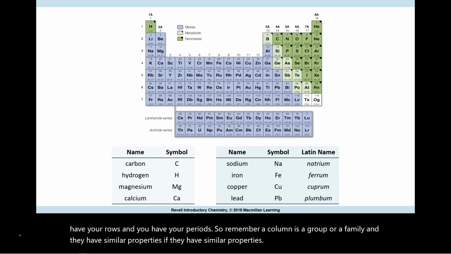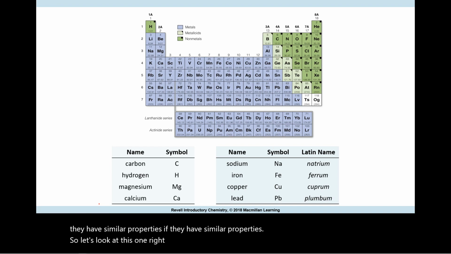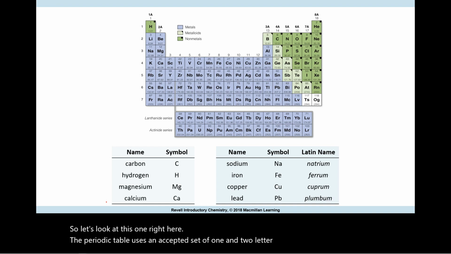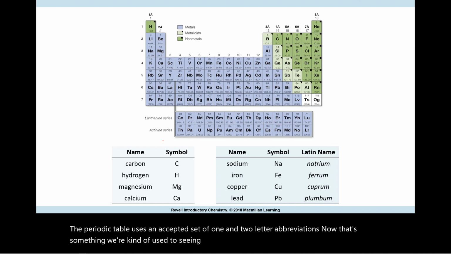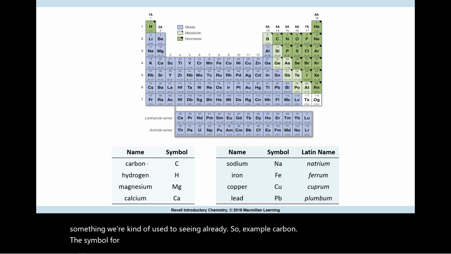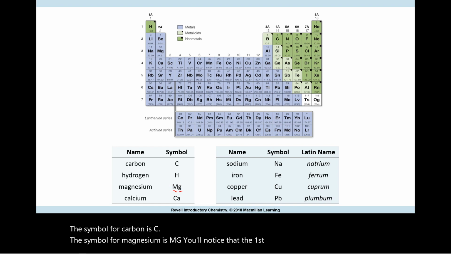All right, so let's look at this one right here. The periodic table uses an accepted set of 1- and 2-letter abbreviations. Now, that's something we're kind of used to seeing already. For example, the symbol for carbon is C. The symbol for magnesium is Mg. You notice that the first letter is capitalized, but the second is not.